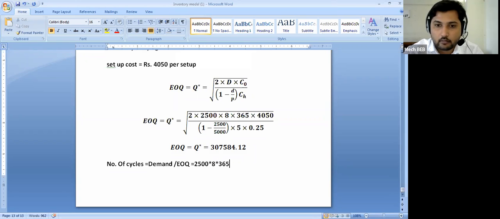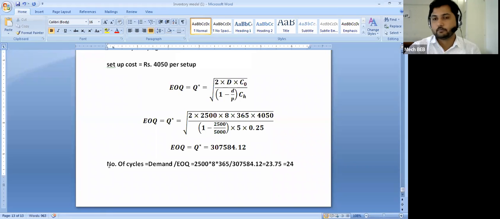Whole divided by 307584.12. And the number of cycles, how much are you getting? Let's check. Here 23.75, which is equal to 24. So this will be your final answer.